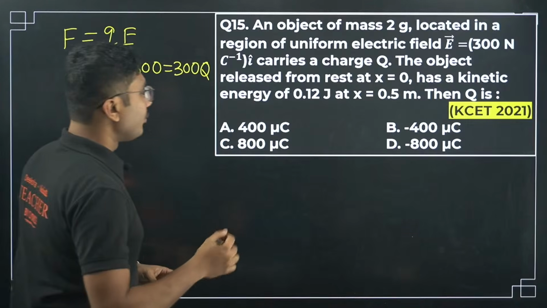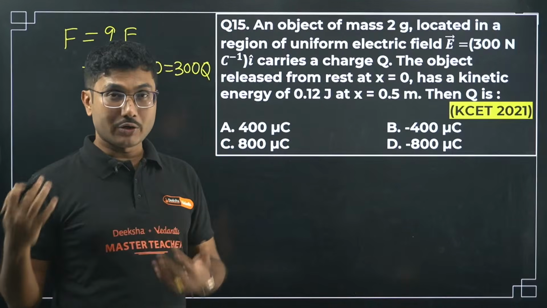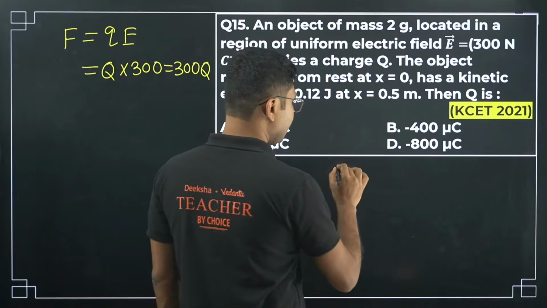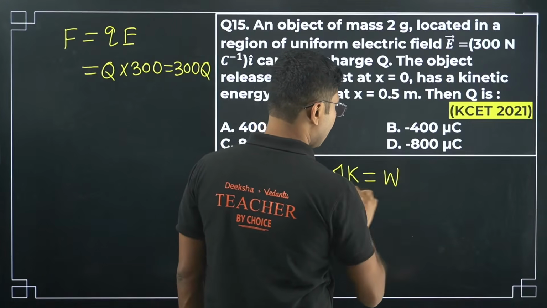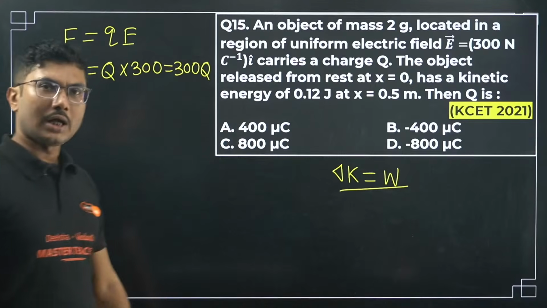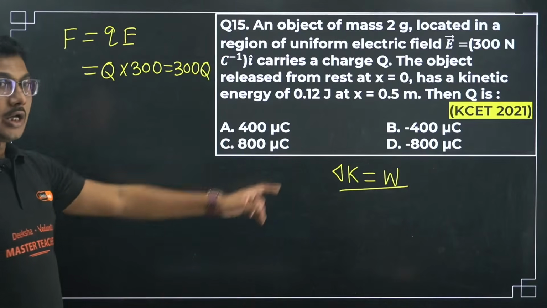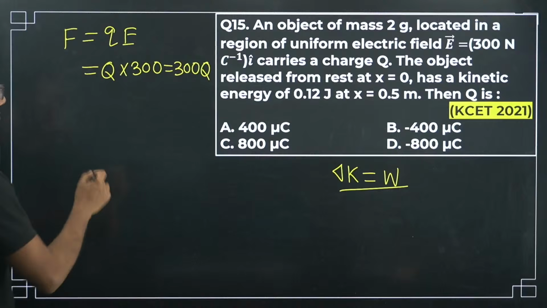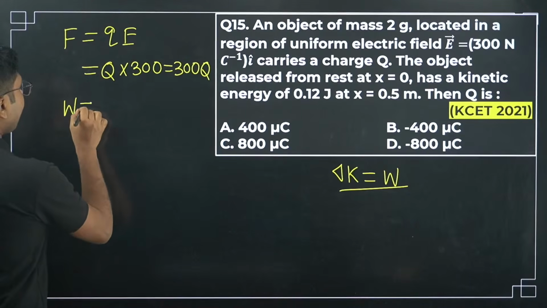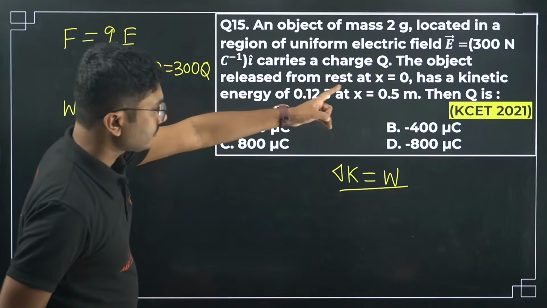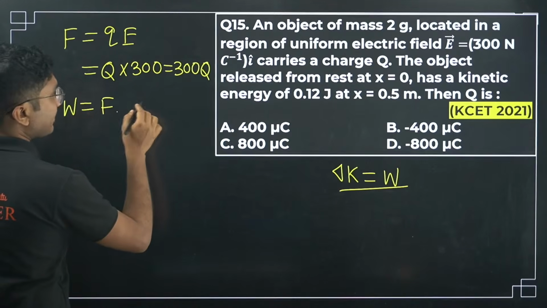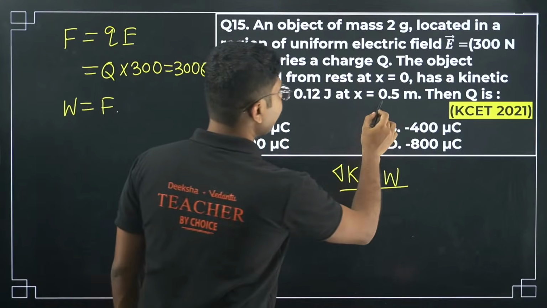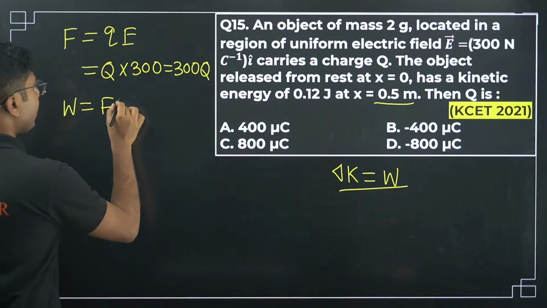Now we are going to use the work energy principle, that is, change in kinetic energy equals the work done on the system. What is the work done? Work done is force into displacement.